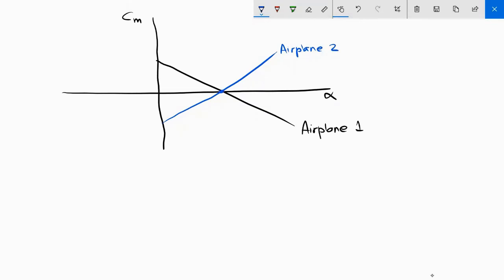So at this point, what is the value of CM? Here is my aircraft, and it is flying in the horizontal direction, let's say towards the left.